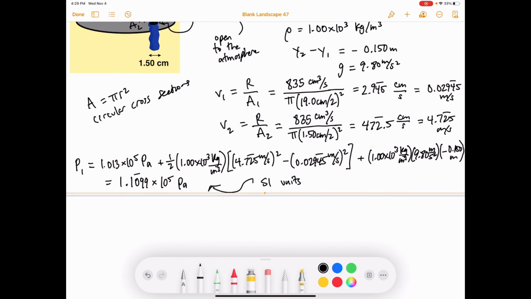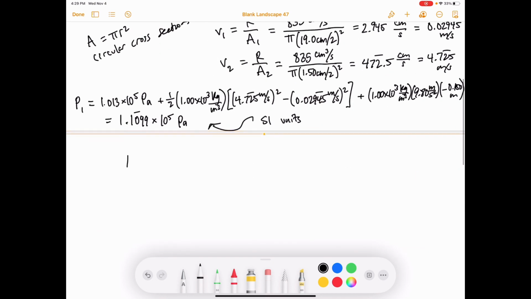But let's take that and convert it to atmospheres. So we have 1.1099 times 10 to the 5 pascals. In every 1 atmosphere, we have 1.013 times 10 to the 5 pascals of pressure.